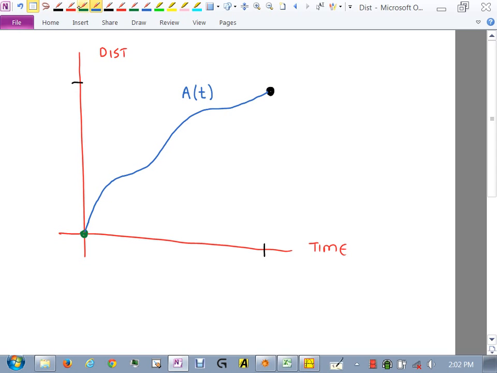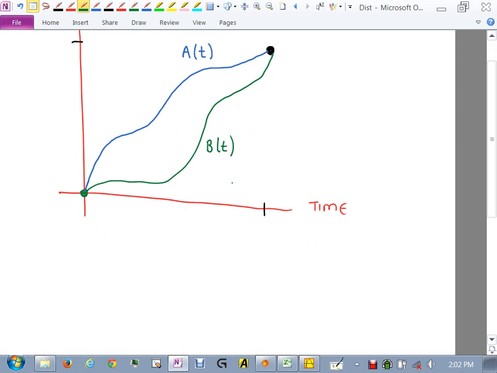Now I'm going to draw the other car, which I will call B of t. I just need to connect those two again, don't I? Doesn't matter how I do it. I could come back here and do this 1,000 times, drawing them different ways. That's not important. Call this B of t. You with me?